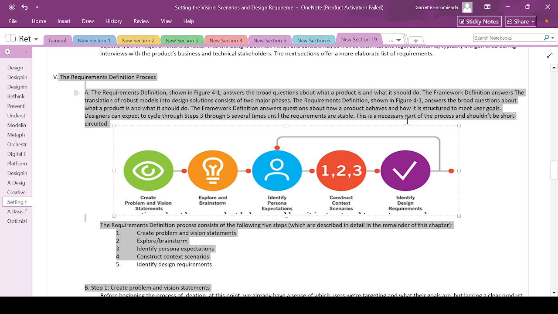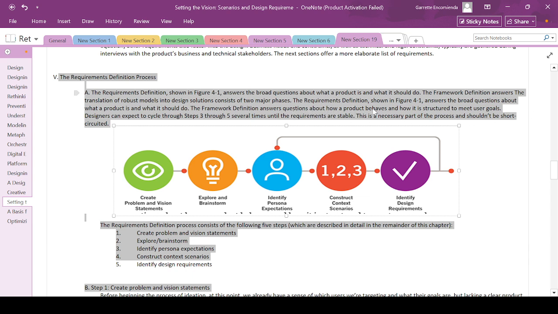So in this framework, we translate that to wireframes, to a visual hierarchy, and to interaction and functional data, and then we test that. We've discussed that in the previous video. Now we will discuss the broad questions about what a product is and what it should do.